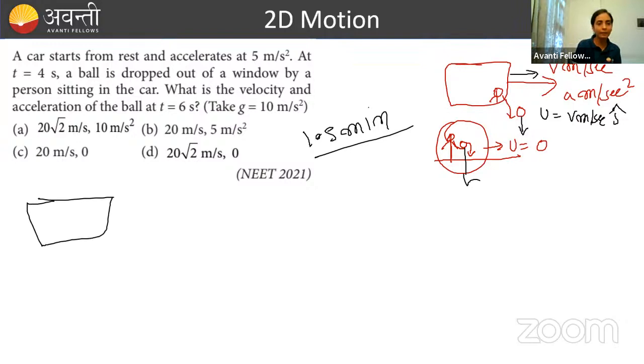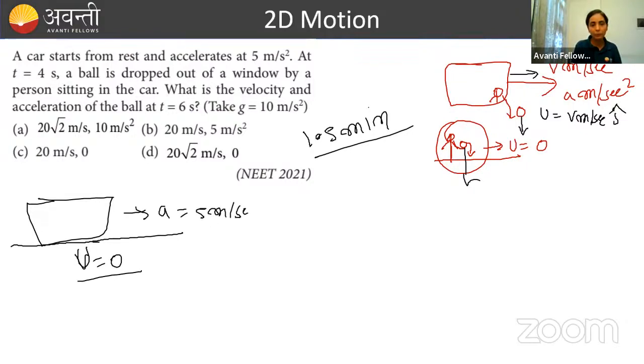Now come to this question. What is happening? There is a car, and this car is running in the road. What is its acceleration? This car is starting from rest. Sorry, and its acceleration is how much? It is 5 meter per second square, right? And there is a person, and a person is throwing a ball out of a window. Okay, at what time? t equal to 4 seconds. So at t equal to 4 seconds, what will be the velocity of car?